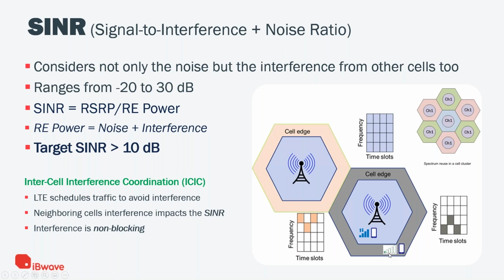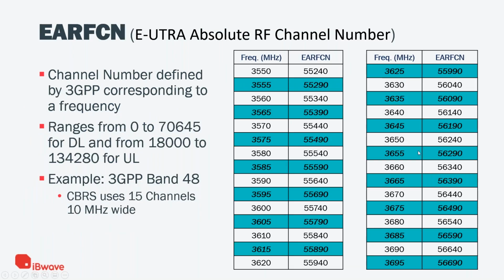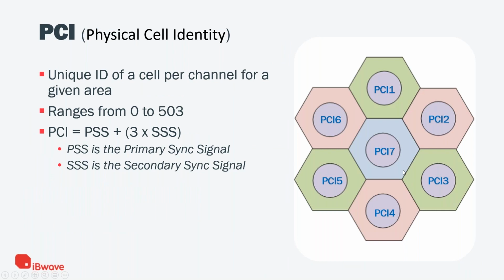Not only will the RSRP be low, but also your SINR will be low, and your RSRQ might also be low. So those are the different KPIs for LTE.